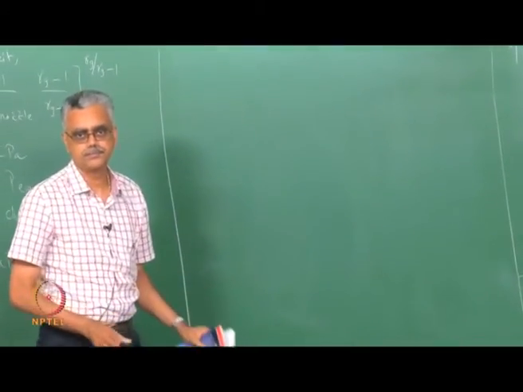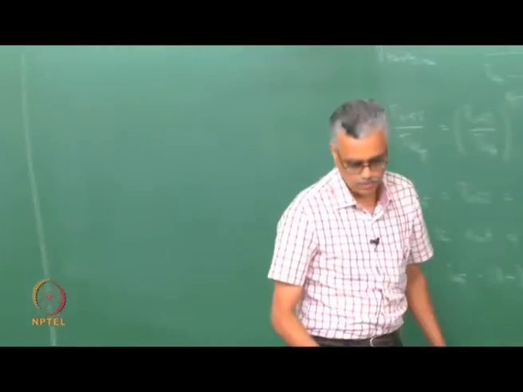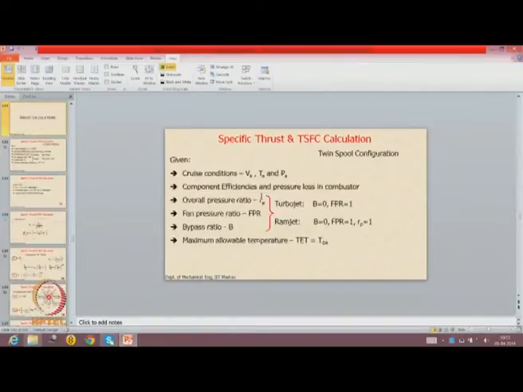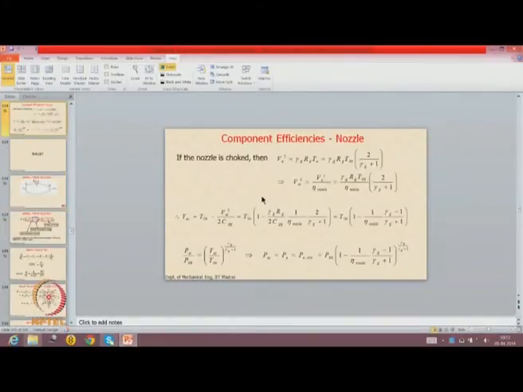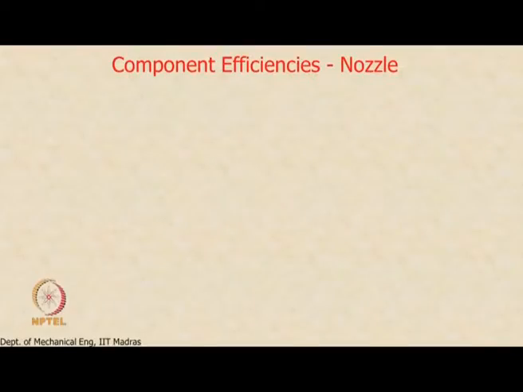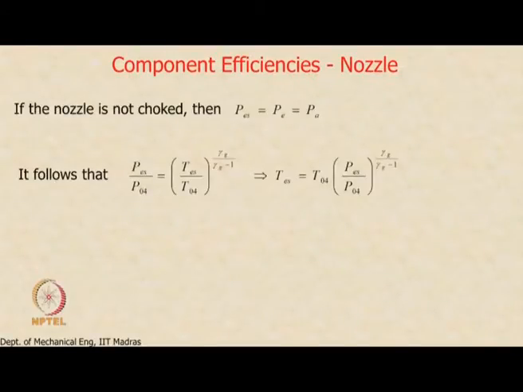All right. So, what do we do next? As you can see from here, the hot nozzle is not choked, then PES is equal to PE is equal to ambient pressure. Once I have PES, I can calculate TES from this expression, right.